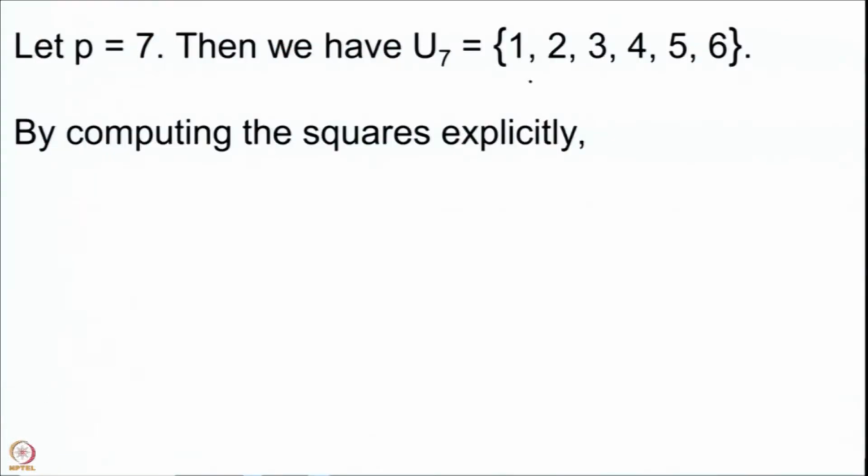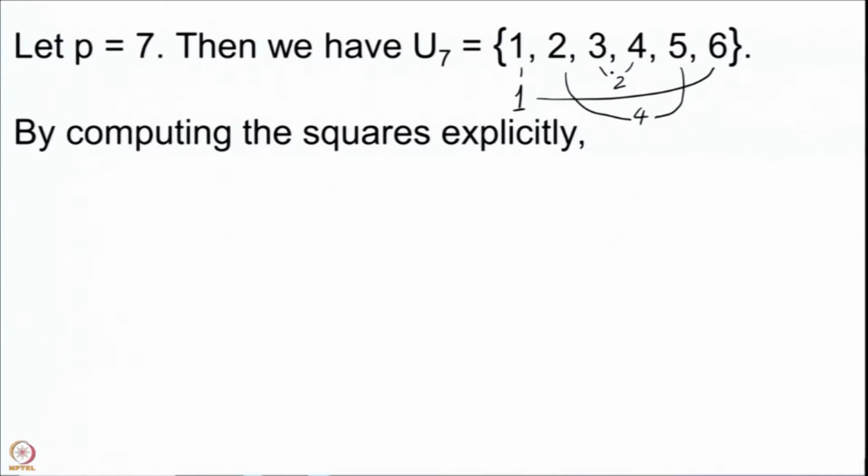So, among these we have computed the squares explicitly and let us just do it once again. So, 1 will give you 1 as the square and 6 also gives you 1. 2 will give you the square 4 and -2, which is 5, will also give you the square 4 because 5 squared is 25, which is 4 modulo 7, and 3 as well as 4 will give you the square to be 2.